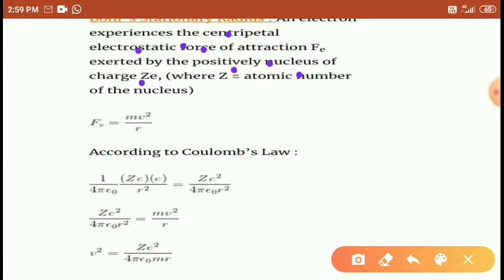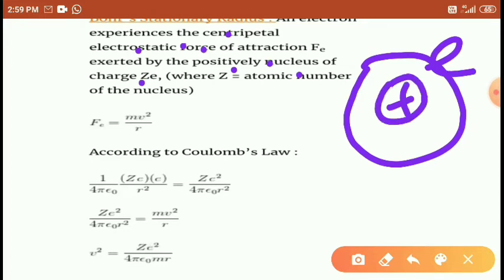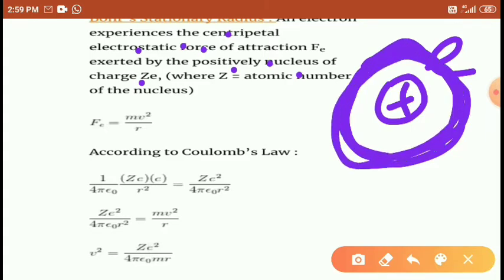So when electrons are rotating around the nucleus, one force is the centripetal force, which keeps it rotating in a fixed path around the nucleus, and the other is the electrostatic force.